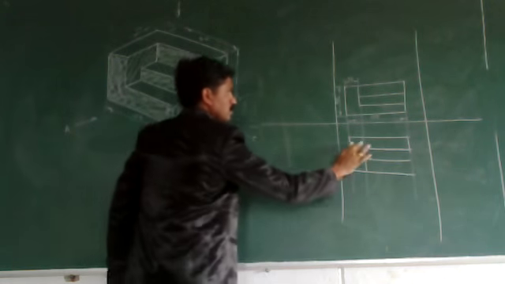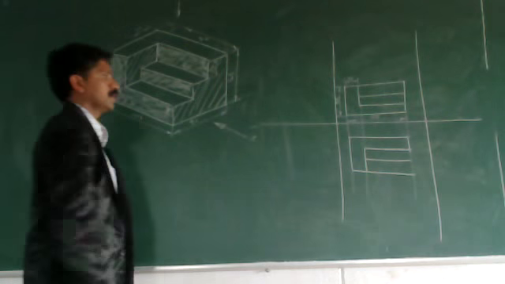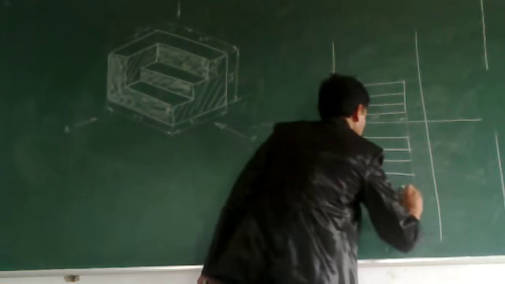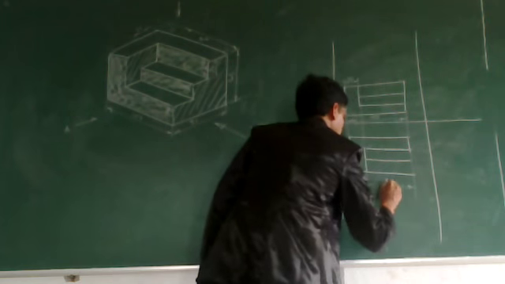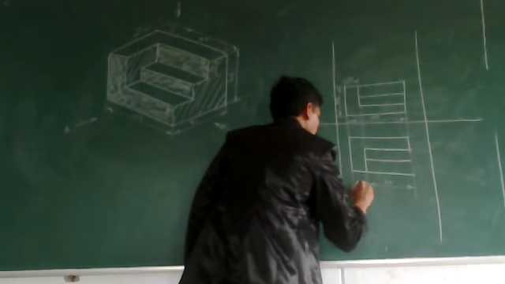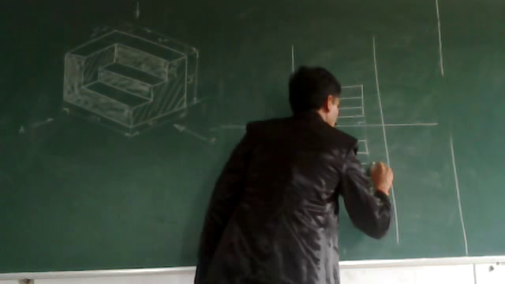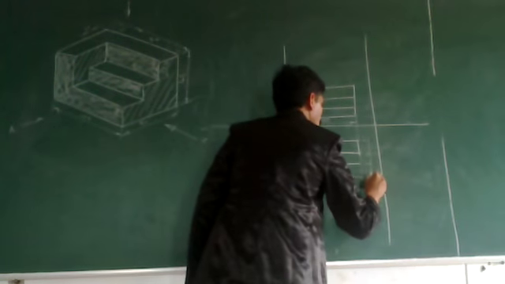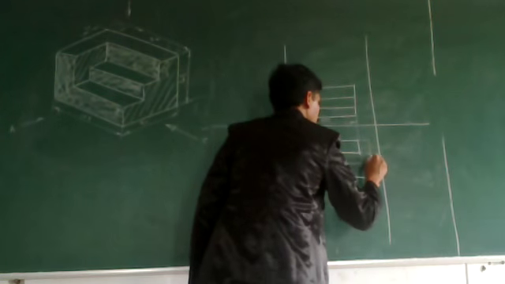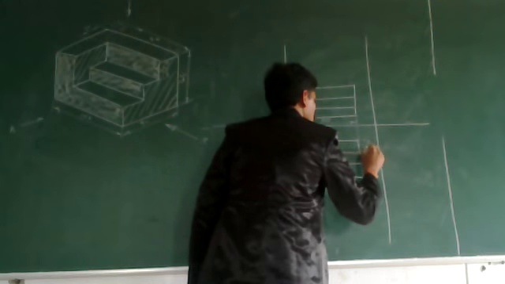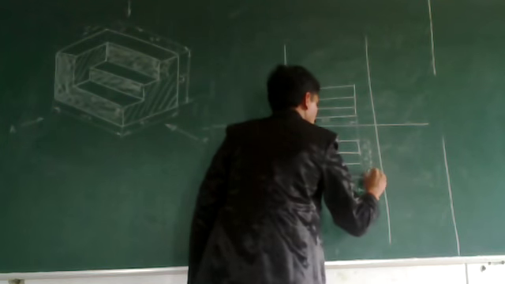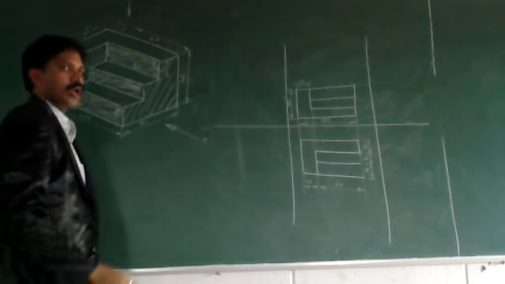Is it right, sir? That is the top. And the dimensions are, this is 80, 25 and this is 48 and these dimensions are 30, 30, 30. 90. So this is 30 and this is 30 and this is 30.